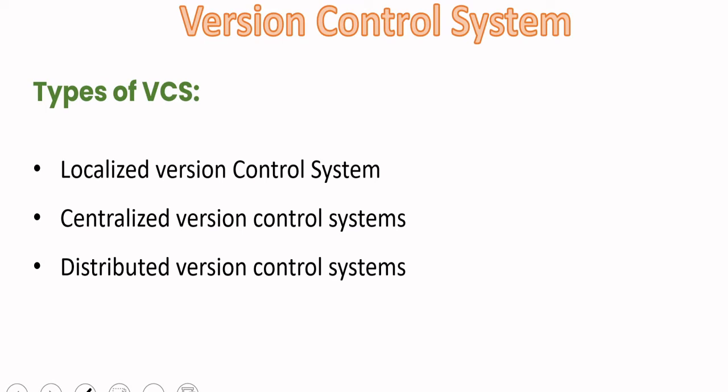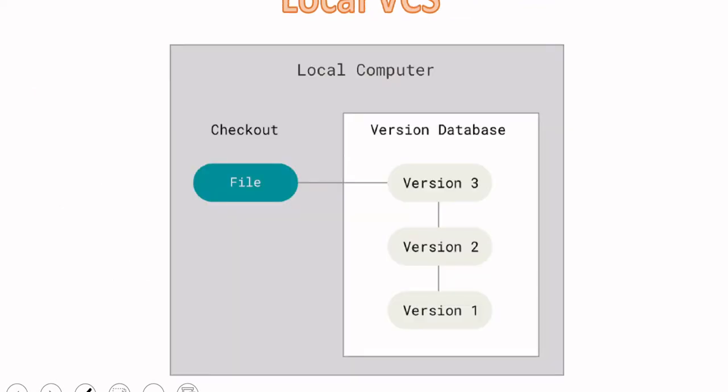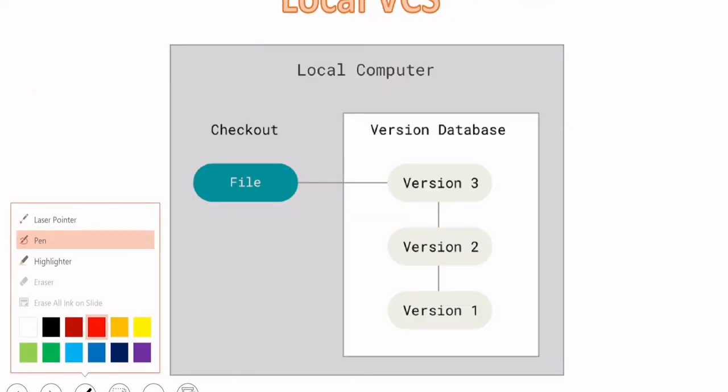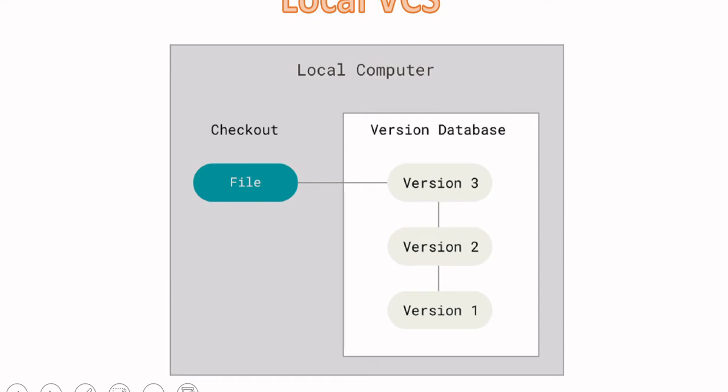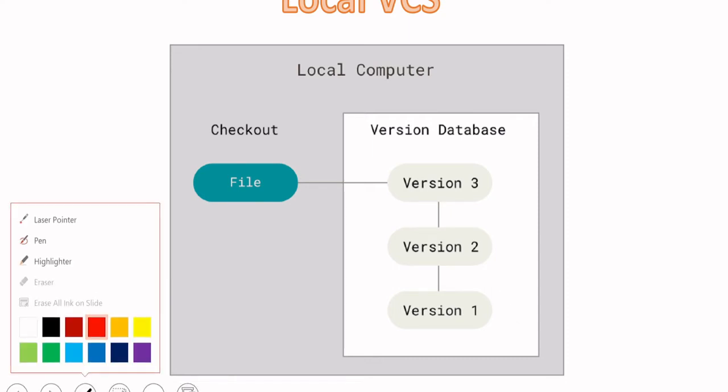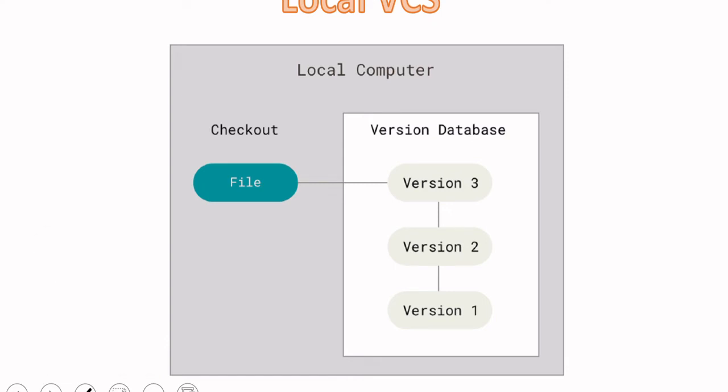There are three types of version control systems. One is localized systems, the second one is centralized, and the third one is distributed. If you come to the localized systems, this is the one. Initially you had the file with version F1, then you made some changes and the version became F2, and again you made some changes and the version became F3.